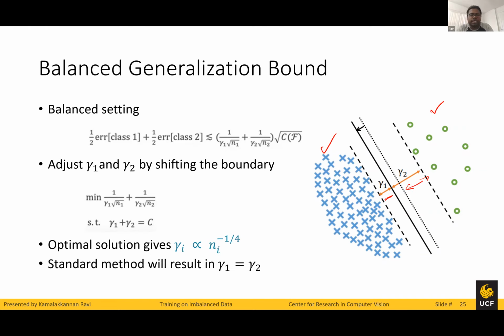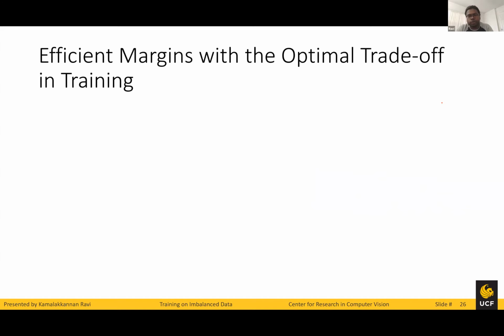As usual, in the standard case, gamma 1 and gamma 2, both margins, would be equal. That is the math behind this idea of putting strong regularization on the minority class, thereby increasing its margin. Now that we know what to do, we want to enforce this particular margin.